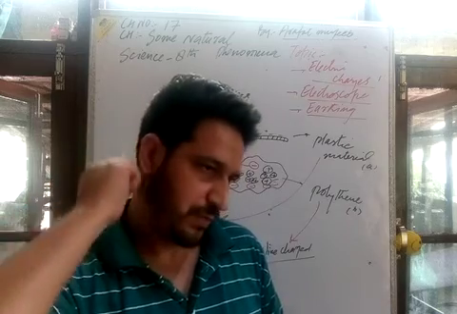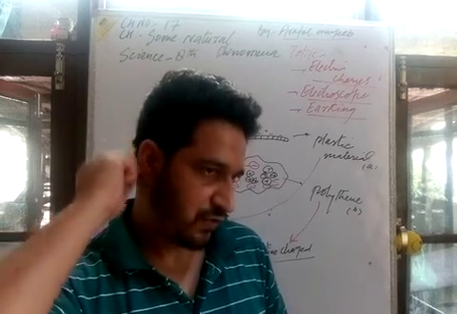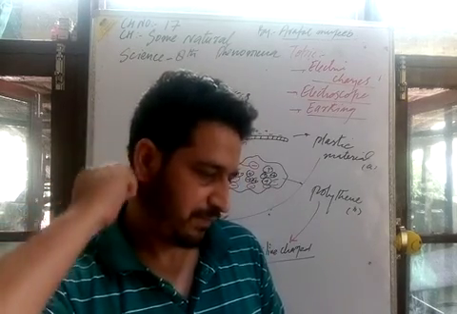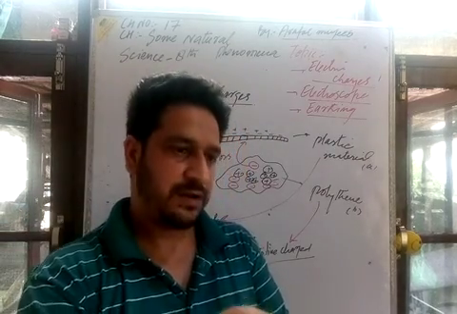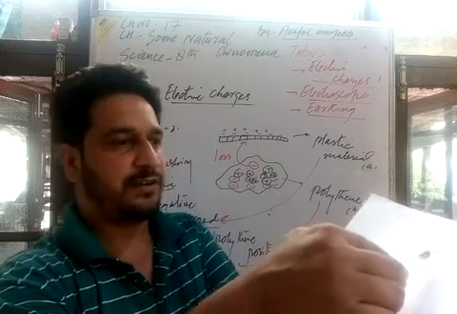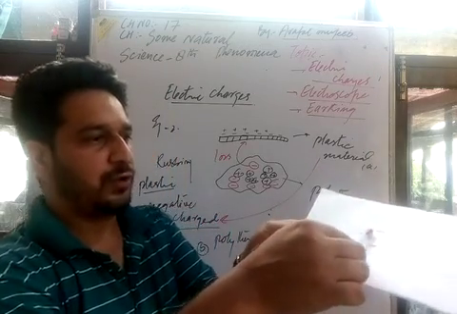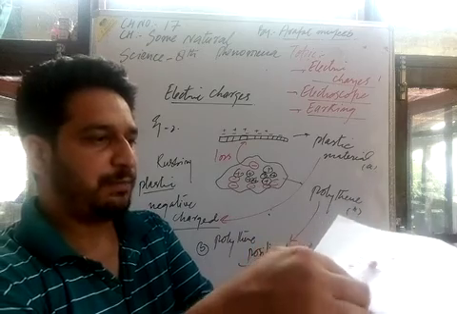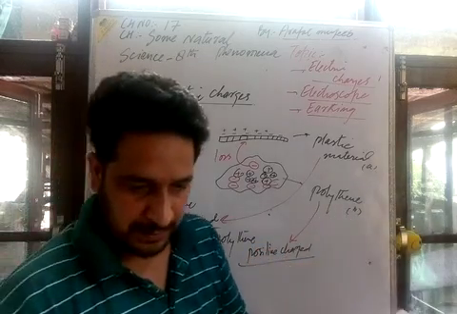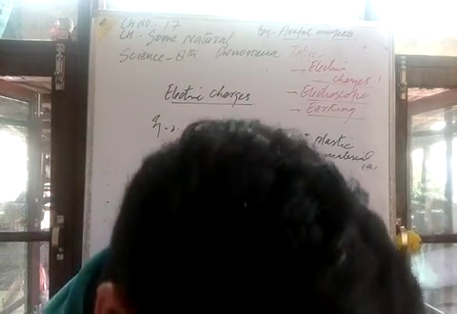Your hair should be dry first of all in order to rub. Obviously I oil my hair in the morning, so it does not work. Now you see the result: there is attraction between the two objects, the bits of paper. I will take another pen.